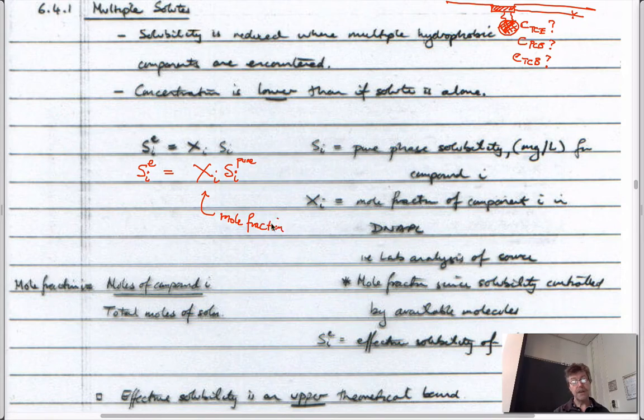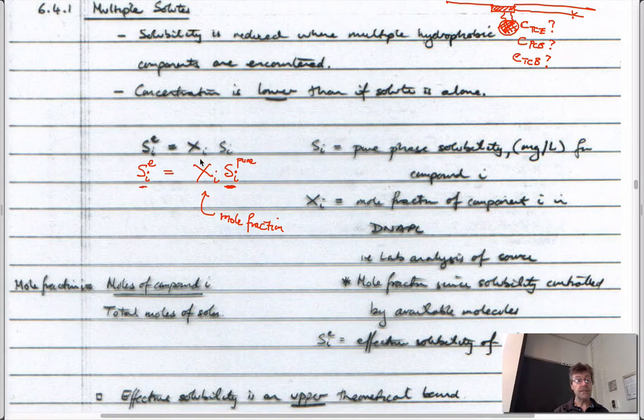So it's not just weight percent, it's mole fraction. And so if you know what the weight percents are of the free products together in this DNAPL, it is a DNAPL, then immediately, if you know the maximum solubility, this is very easy to calculate.